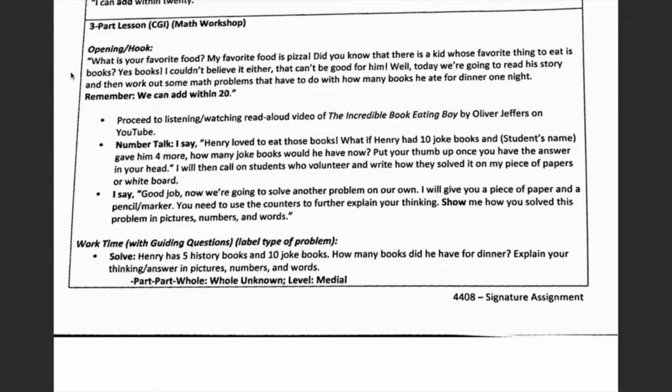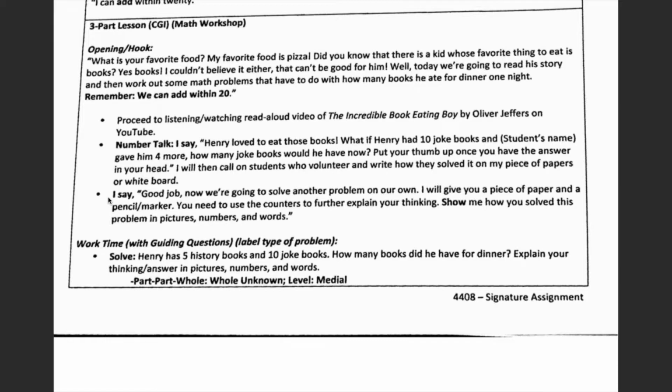Another thing you're going to do, after you read the book or have the YouTube video read the book for your students, is a number talk. If you've never heard of a number talk, it's a quick little thing that gets the students thinking about math. You can do it however you want.